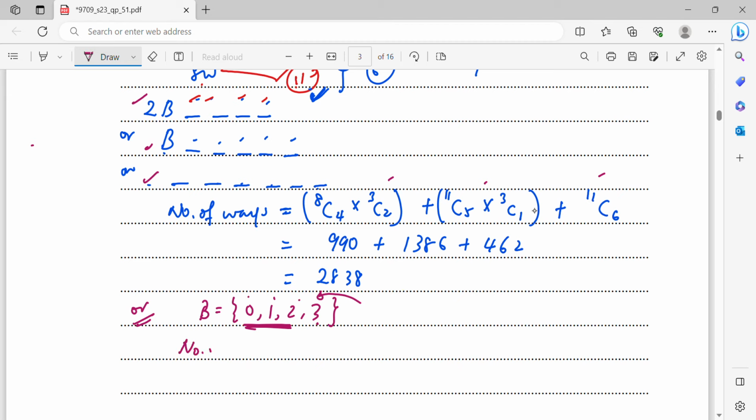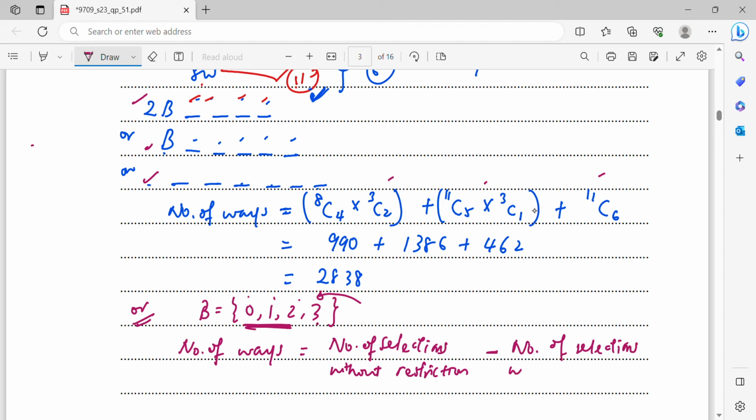So you can say the alternative method, which is number of ways equals number of selections without restrictions minus number of selections when 3 brothers are selected.